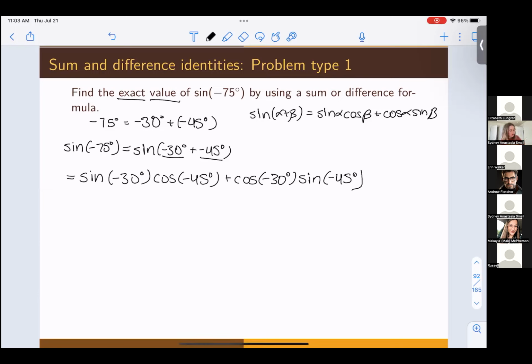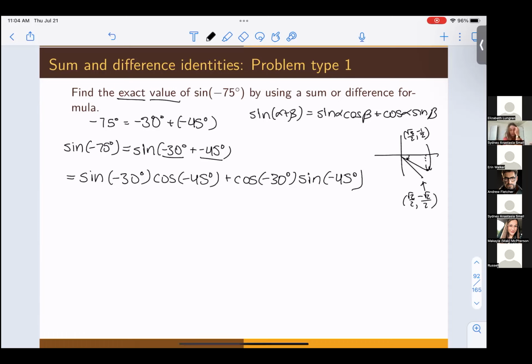Just drawing these as a picture on my little unit circle because that's helpful sometimes. Negative 30 degrees is right here and negative 45 is about right here. On the unit circle, negative 30 degrees terminates at positive root 3 over 2, negative 1/2. And negative 45 degrees terminates at positive root 2 over 2, negative root 2 over 2.